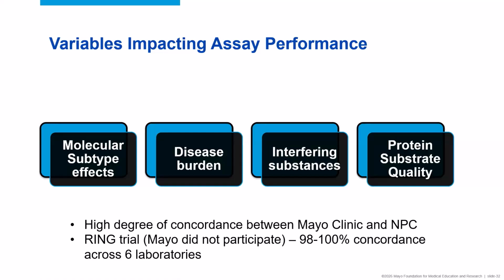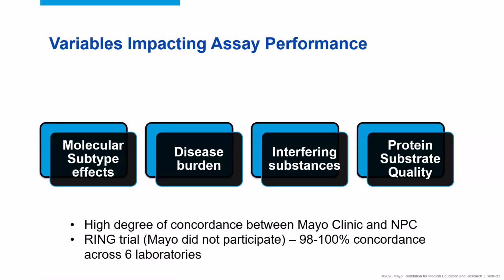There was a ring trial, a multi-center study where they sent out blinded positive and negative human prion disease CSF samples, and across all these labs they demonstrated very high concordance. So the take home here is that RT-QuIC assays are very robust. The labs that offer them generate equivalent results for the vast majority of cases.